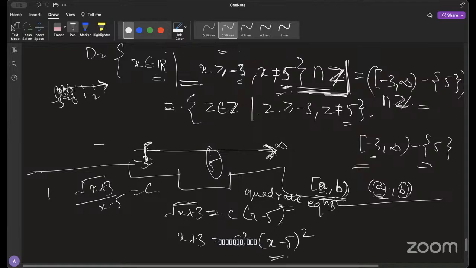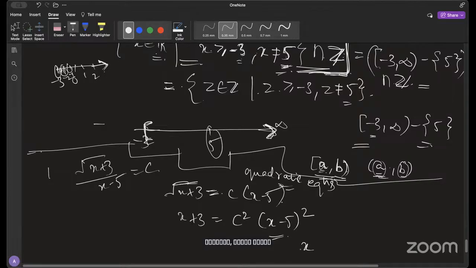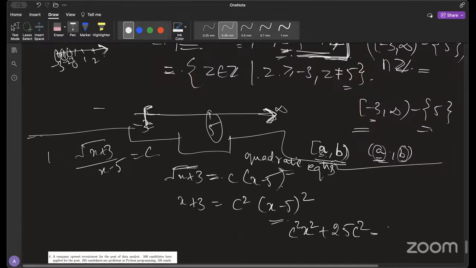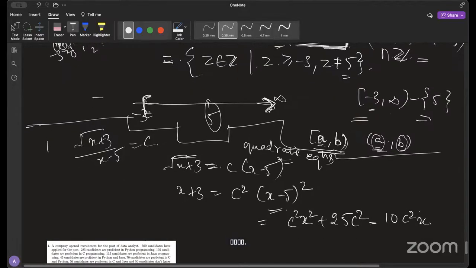Now you open this thing: c square x square minus 10 c square x plus 25 c square.